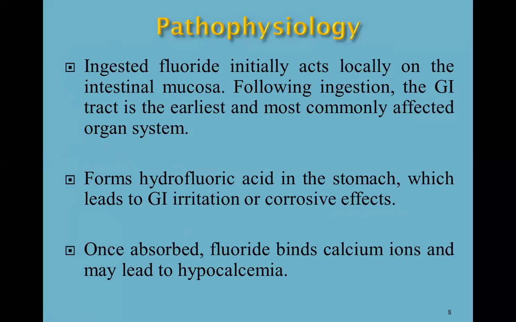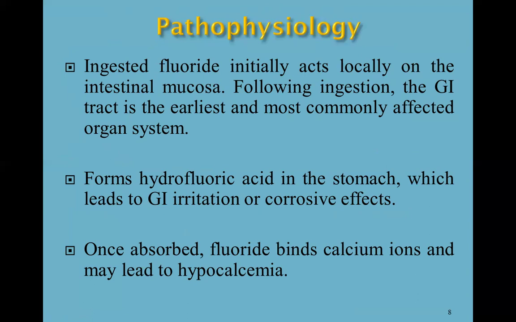Now, the pathophysiology. Fluoride initially acts locally on the intestinal mucosa. Following ingestion, the GI tract is the earliest and the most commonly affected organ system. Fluoride forms hydrofluoric acid in the stomach, which leads to GI irritation or corrosive effects.